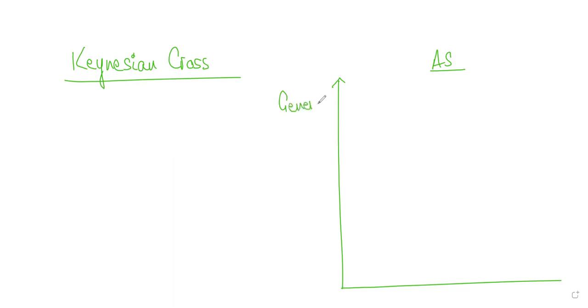Your general price level used to be on the y-axis, and your real GDP used to be on the x-axis. I'm talking about what we learned in AS, so this is not the Keynesian cross. I'm just giving you a quick recap of what we have already studied.